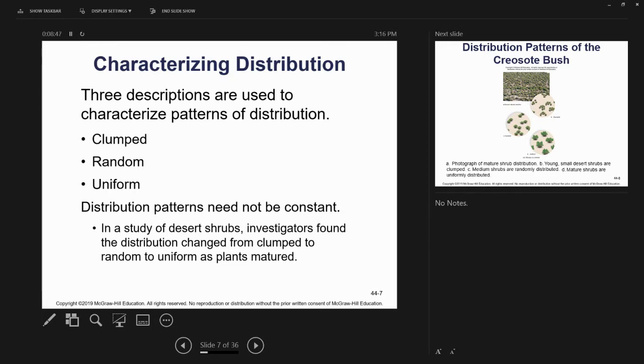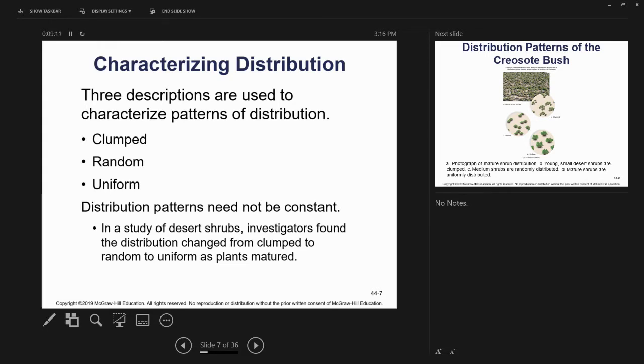So if you think about how plants reproduce through seeds, if those seeds drop right below the parent plant, we're going to have clumps or clusters of new plants when they're juveniles. Over time, though, those that grow fastest are going to use up most of the resources. They're going to grow taller. They're going to block shade from their siblings around them and prevent them from growing.